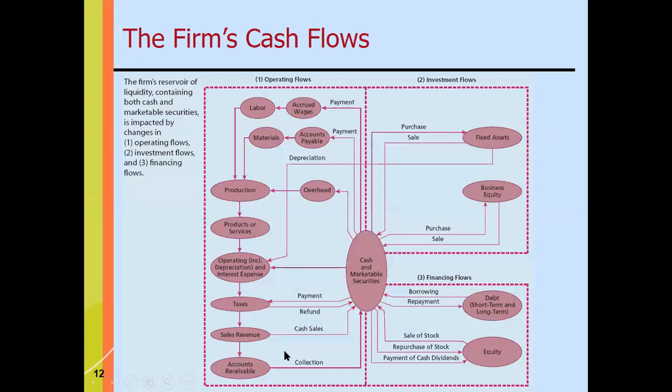So here is a good diagram or illustration about the firm's cash flows, subdivided into 3 activities. Let me read this part. The firm's reservoir of liquidity containing both cash and marketable securities. So not only cash, that is basically the legal tender bills and coins. We also include unrestricted cash, so even deposits in the bank, cash in bank, even the petty cash fund.